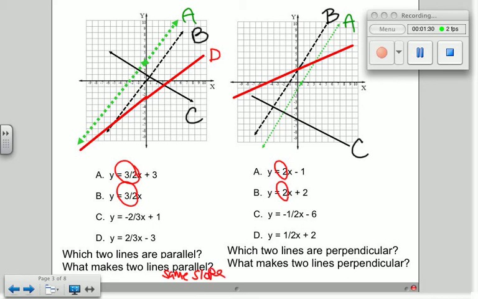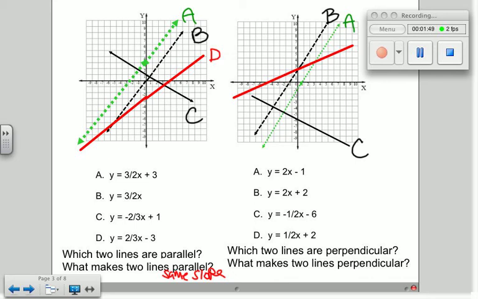We should also notice that if we compare our parallel lines, A and B, to our perpendicular line, which is C, let's compare those slopes and see what's different about them.